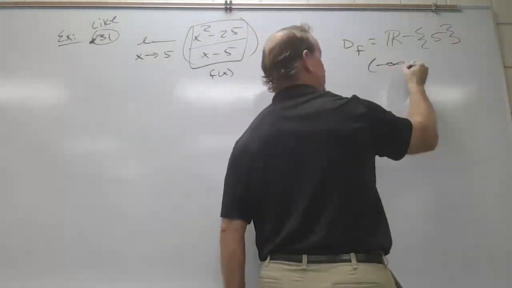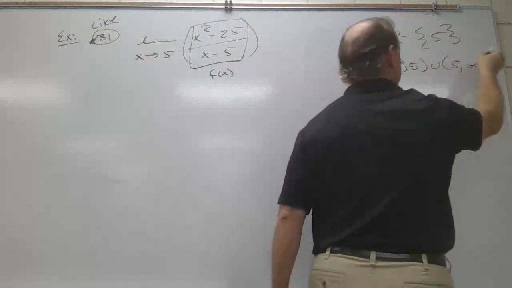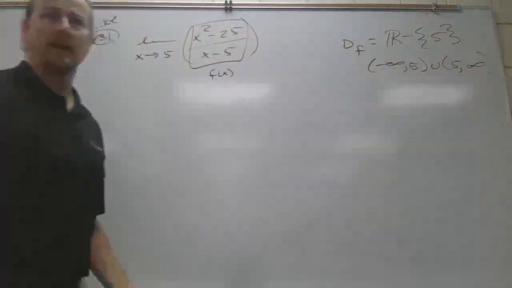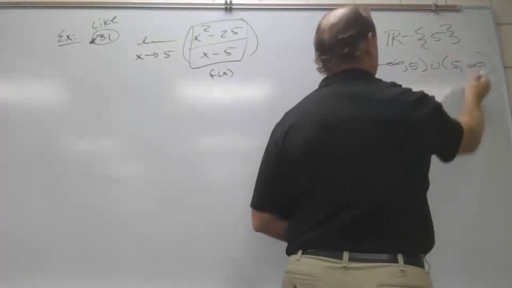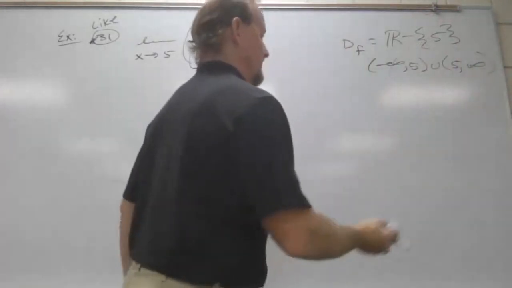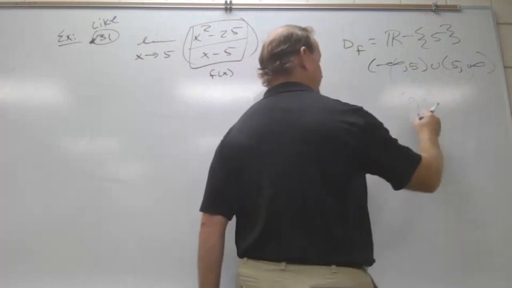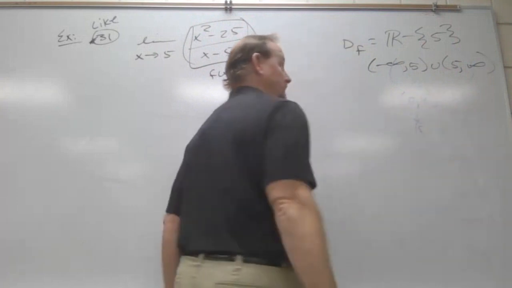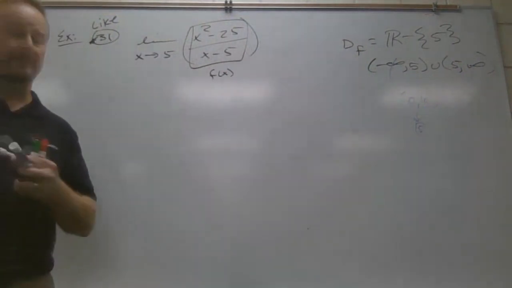So for you interval fans, minus infinity to 5, union 5 to infinity, right? So I'm defined on some open interval containing 5 except possibly 5 itself. I could go 0 to 10. 0 to 10 is an open interval containing 5. 5's in there, but I'm not defined at 5, which is fine. Okay, so I can use limit theorems here.